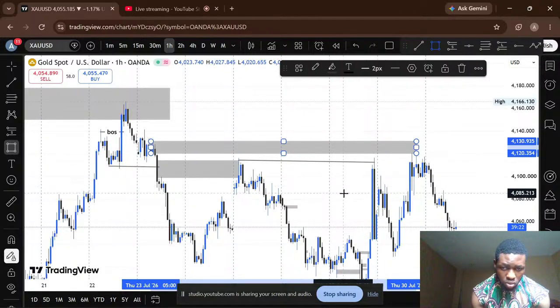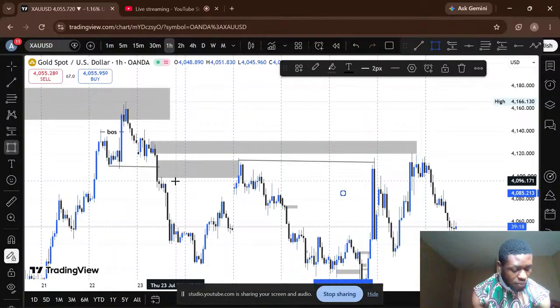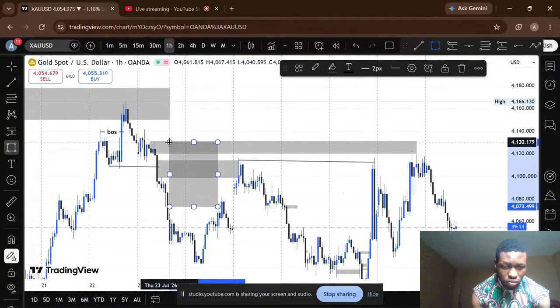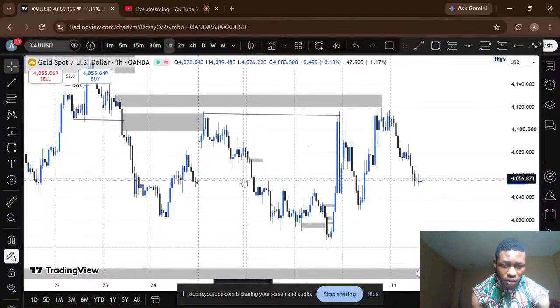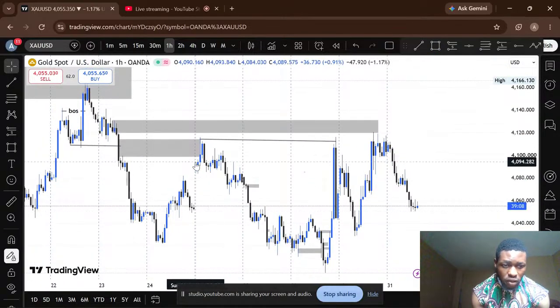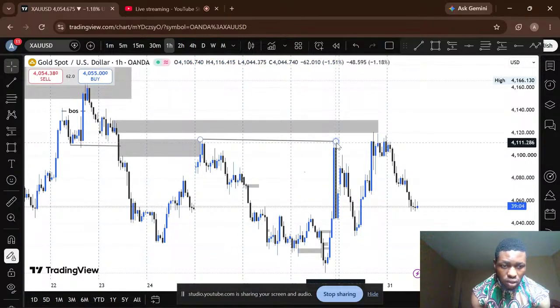Now, what then happened? Looking at this, you'll find that after the push down to this zone, price started coming back up here again, came here and broke past here.